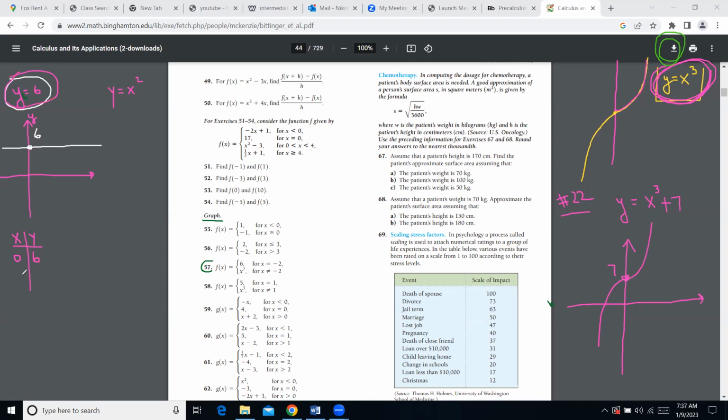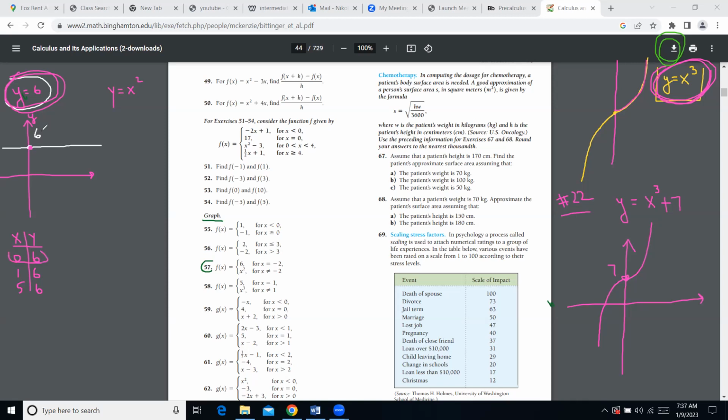You say, what if I select 1 instead of x? Well, y is going to be 6, because y wants to be 6. It doesn't care what x is. If x is 5, doesn't matter. y is still 6. So if you plot these points on the plane of coordinates, such as 0, 6, right?